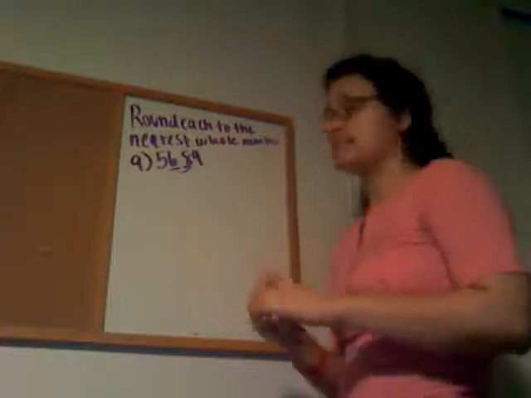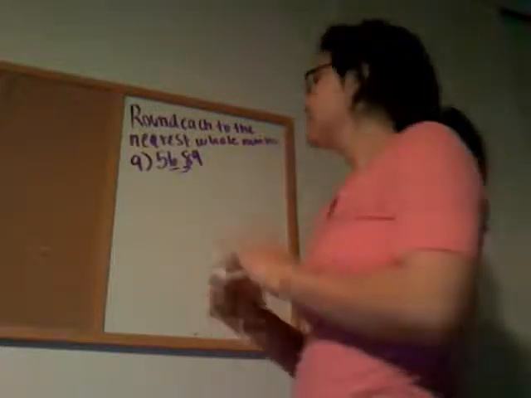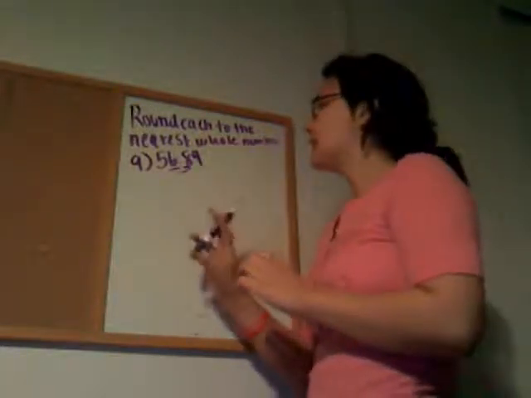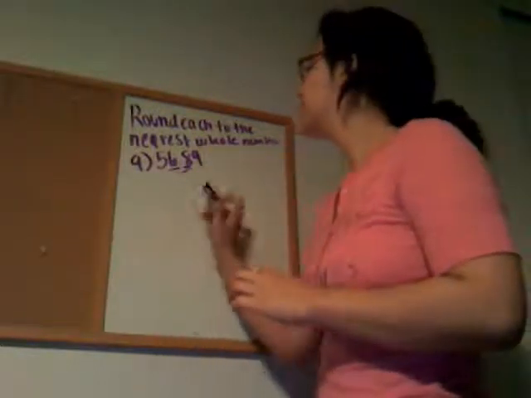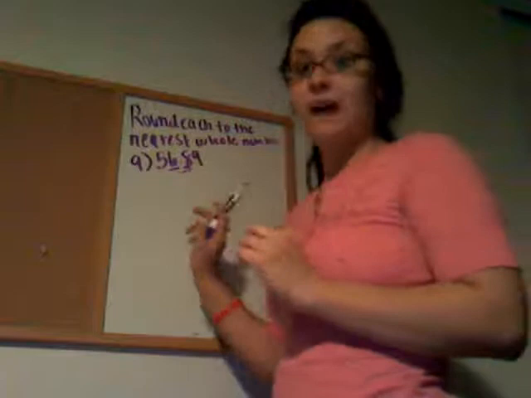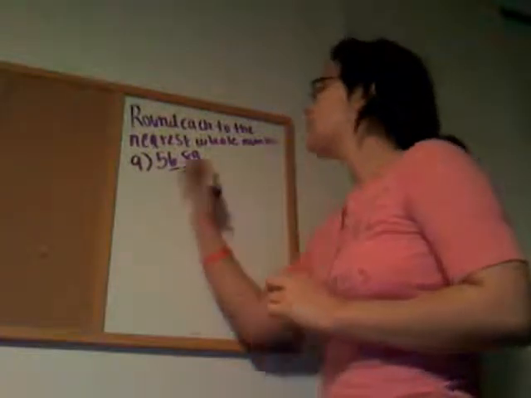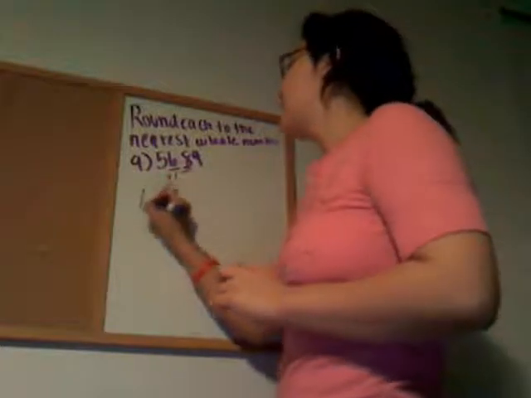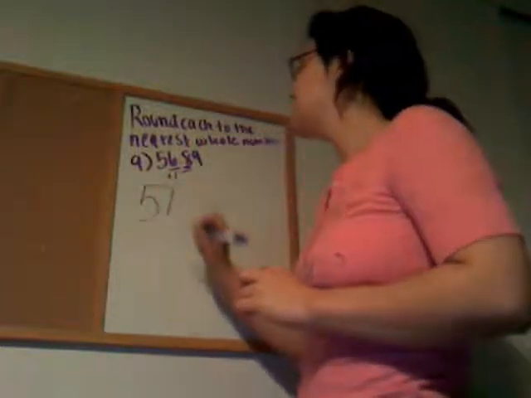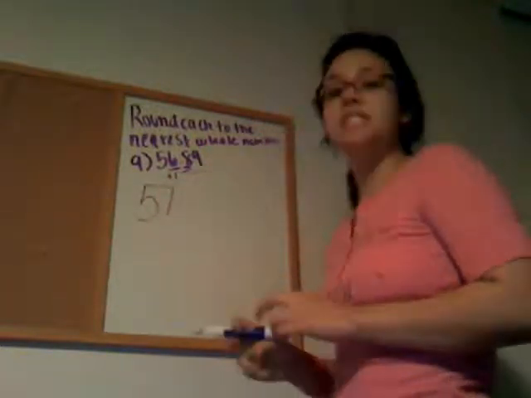And so, like it says on step 1, if it's greater than 5, which 8 is greater than 5, then we add 1 to the 6, making it 57, and we drop all the digits to the right of it.